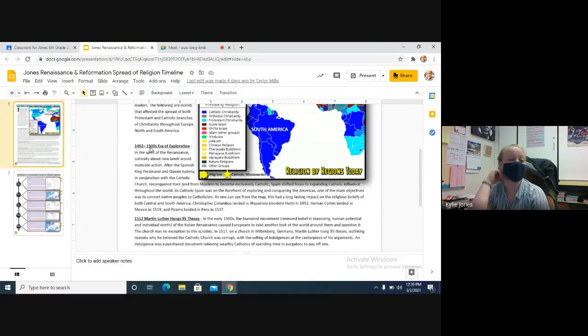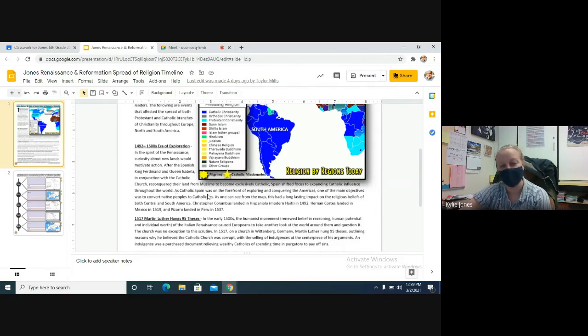So in 1492 to the 1500s, that's the era of exploration. So in the spirit of the Renaissance, curiosity about the new lands would motivate action. After the Spanish King Ferdinand and Queen Isabella, in conjunction with the Catholic Church, reconquered their land from the Muslims to become exclusively Catholic, Spain shifted focus to expanding Catholic influence throughout the world.